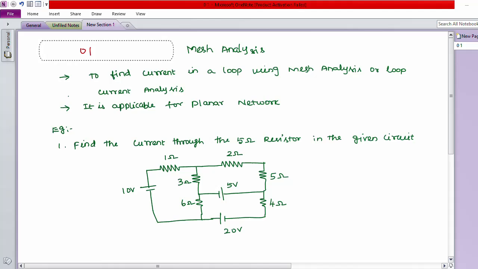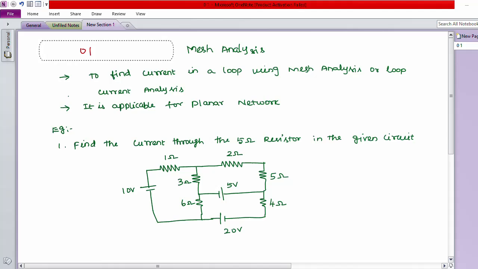Before applying the mesh analysis, we have to follow the procedure. Step 1. Identify the number of meshes in the given circuit. Step 2. Assume the current in clockwise direction. Step 3.